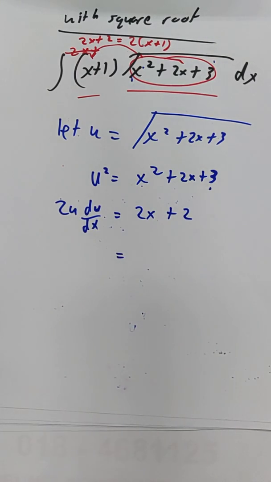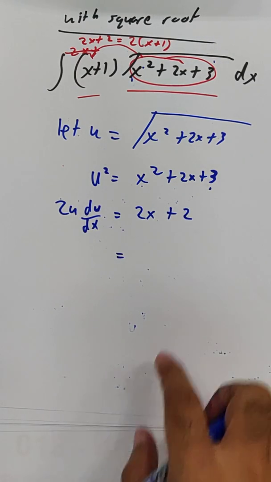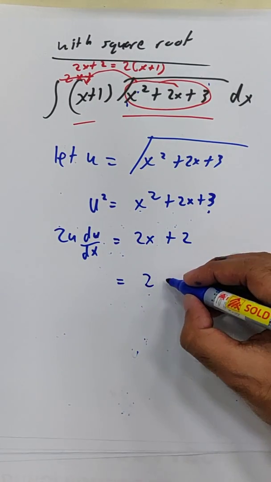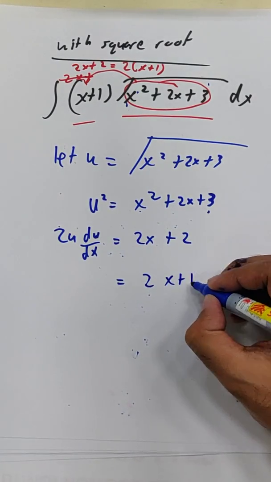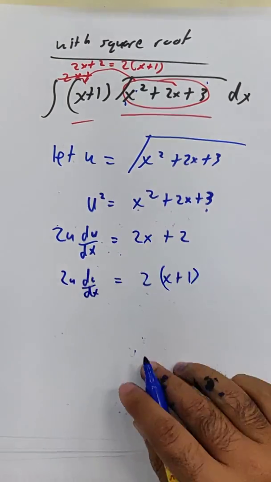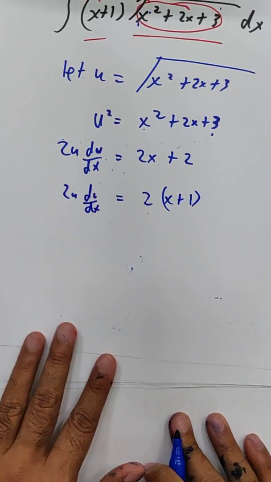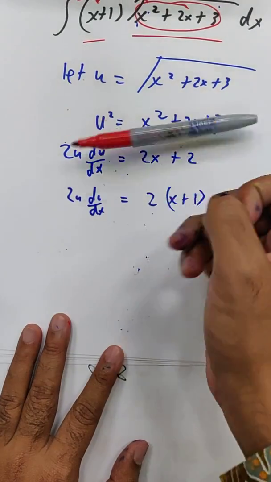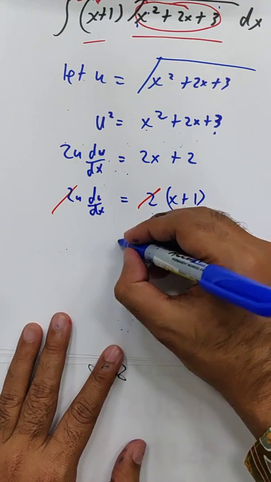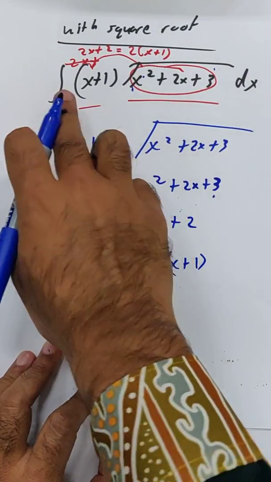So now if we go further, yes, you can see there's a 2 over here, so that means I can factorize my 2. Sorry about it. What can I do? Simplify it out. Okay, can you see x plus 1?